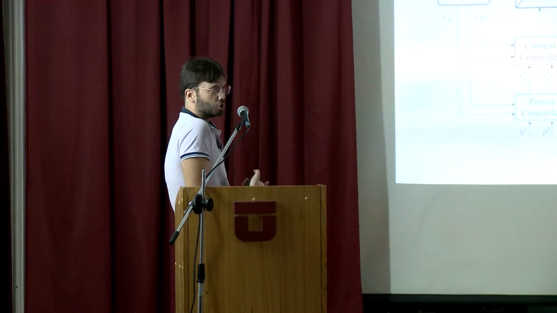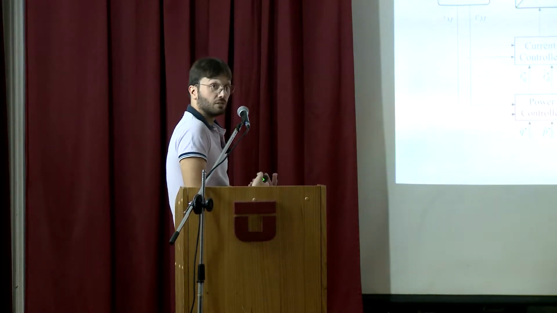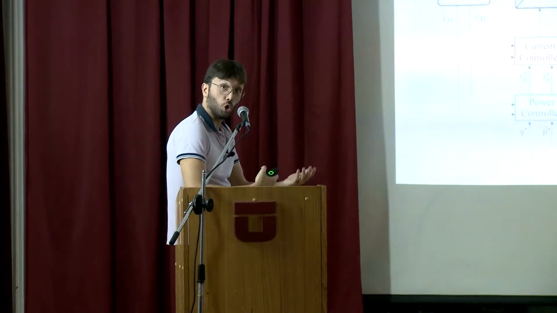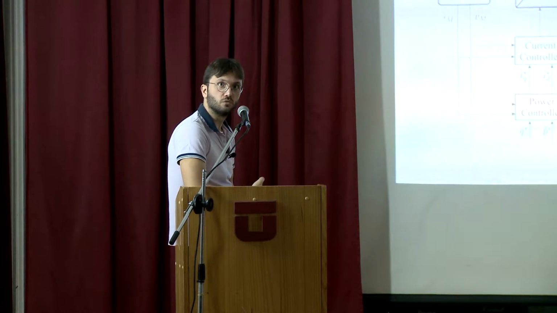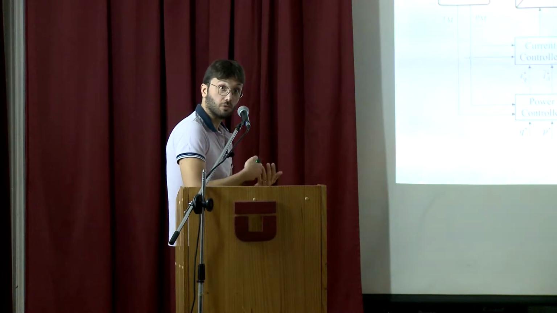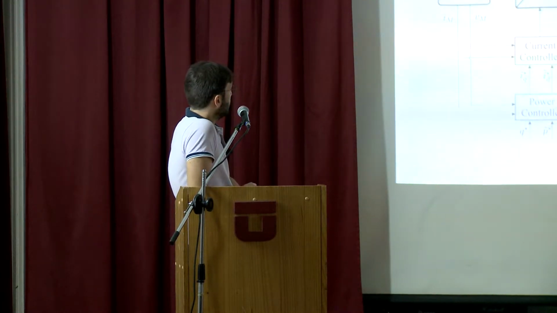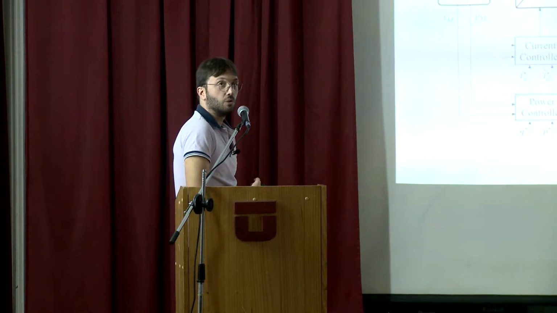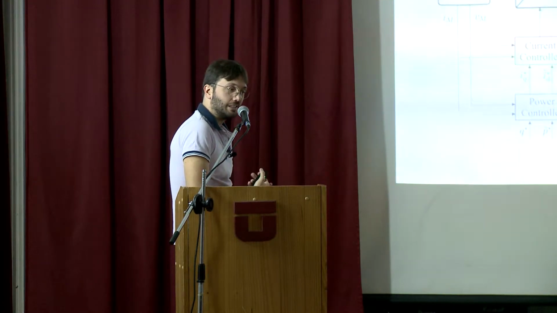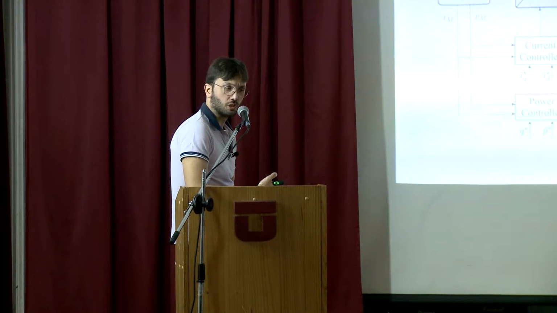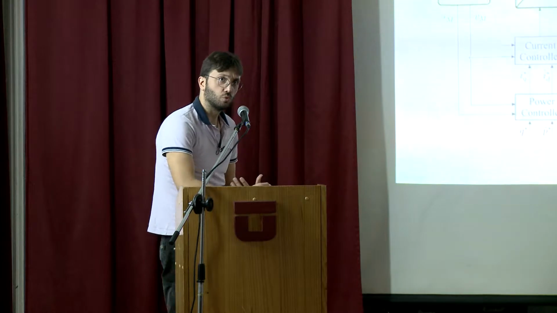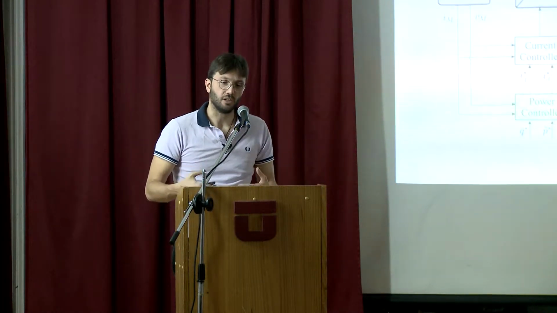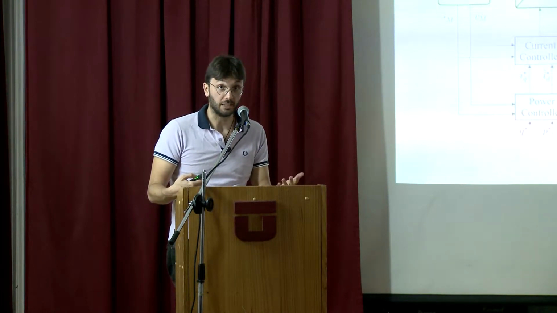The medium voltage converter is interfaced to the grid, so we can control it as a normal grid-connected converter. So we will have some current control. Usually, when we are talking about distribution, we are interested in power control because, to provide services, we have requirements for active and reactive power.